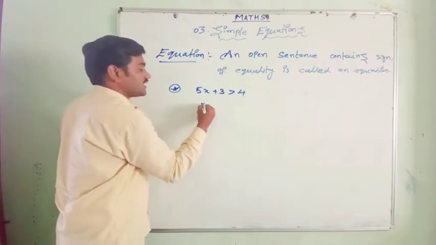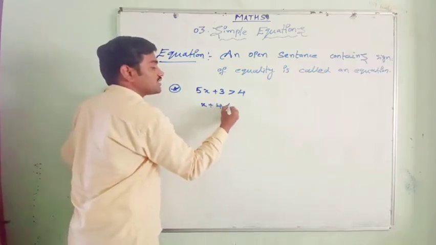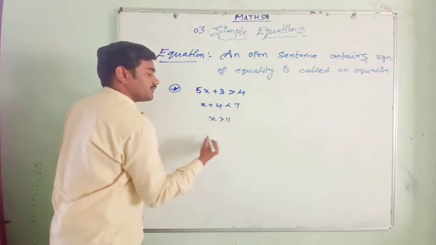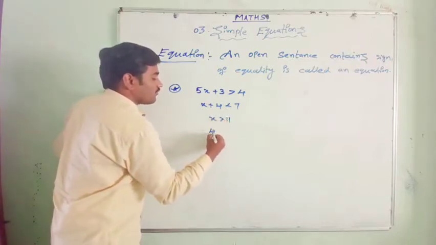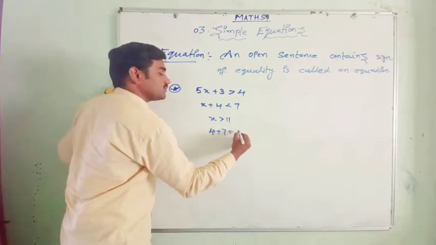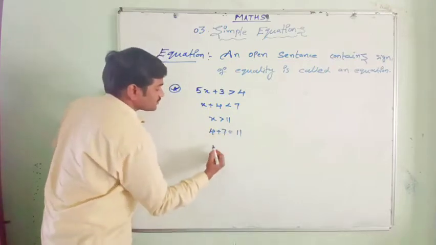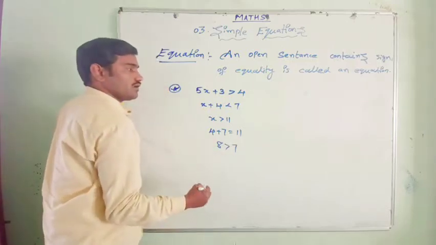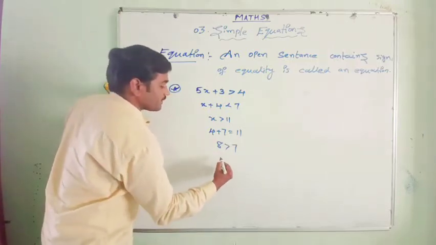Here let us see x plus 4 is less than 7. x is greater than 11. Or 4 plus 7 is equal to 11. Suppose 8 is greater than 7.